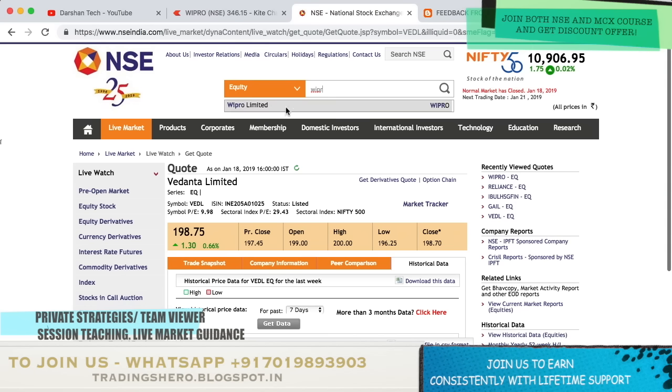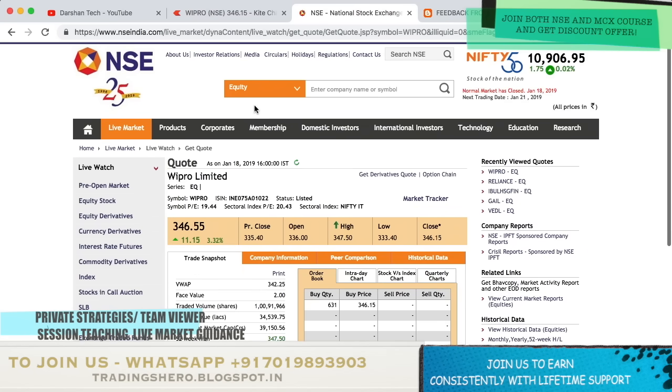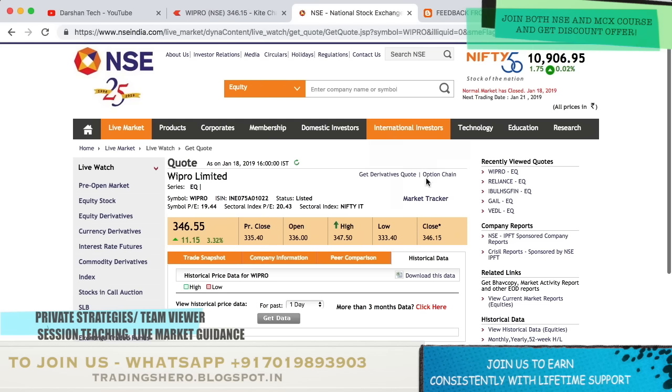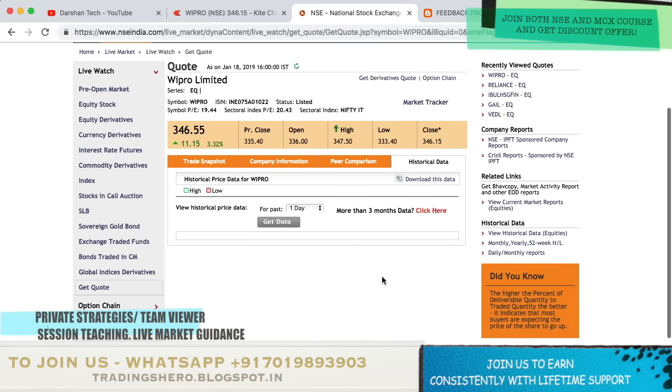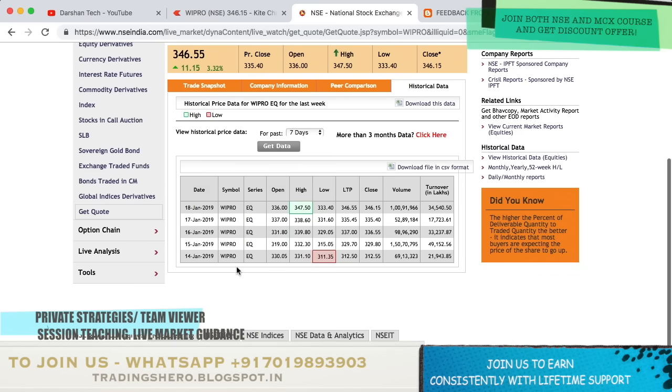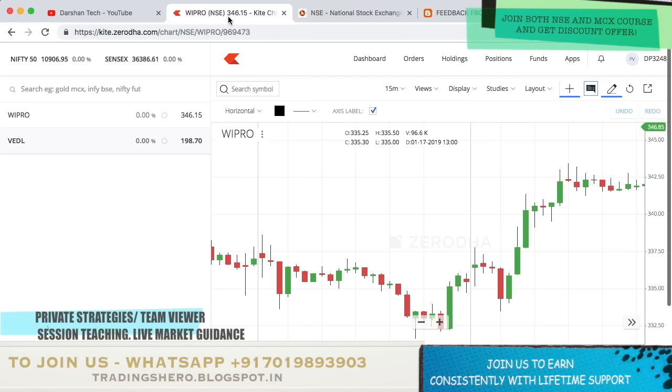Just type the stock name, and once it loads up you can go to the historical data. Once you click historical data you get options of 1 day, 7 days and so on. However many days you want, you click on that and click on get data, and the data will load up. This is how we can use it.